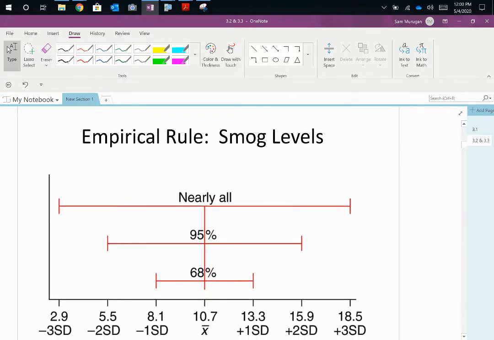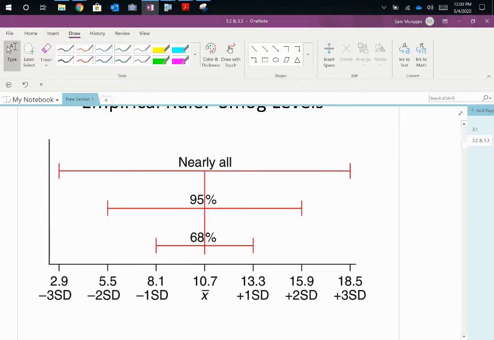So this region is 10.7 minus 2.6 and 10.7 plus 2.6. That's 1 standard deviation, and it contains 68% of the data.